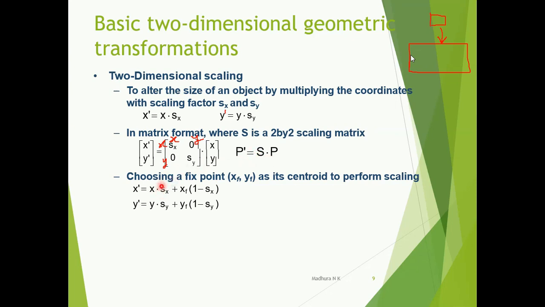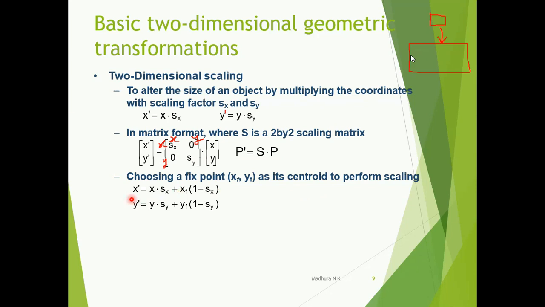And next you have choosing a fixed point xf and yf as its centroid to perform scaling. So let us see how to perform the scaling with respect to a certain centroid point chosen on the screen, that is xf and yf.